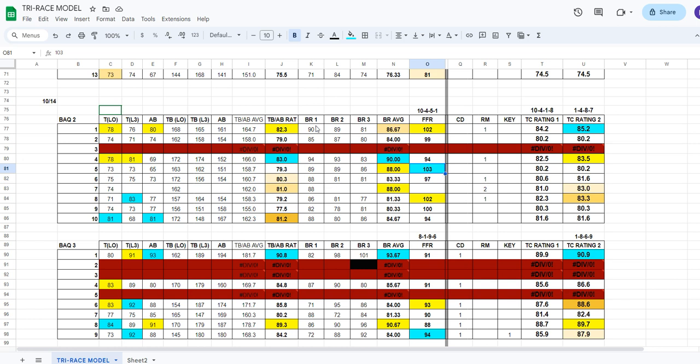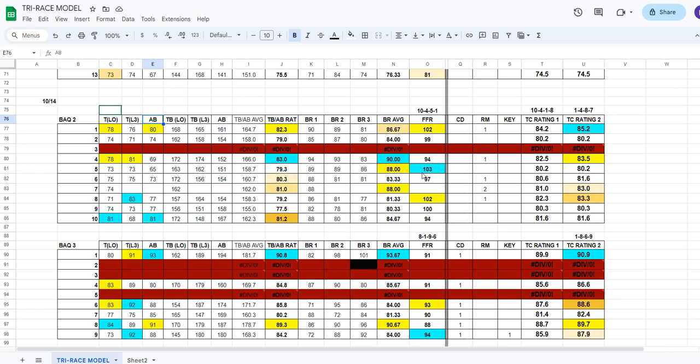But I think it may be a good idea for me to add a couple more columns here eventually and pull the final fraction from the last out, the recent ability race, and the past ability race, and get an average of those 3. And in fact, I might do that if I look at any races for Sunday.